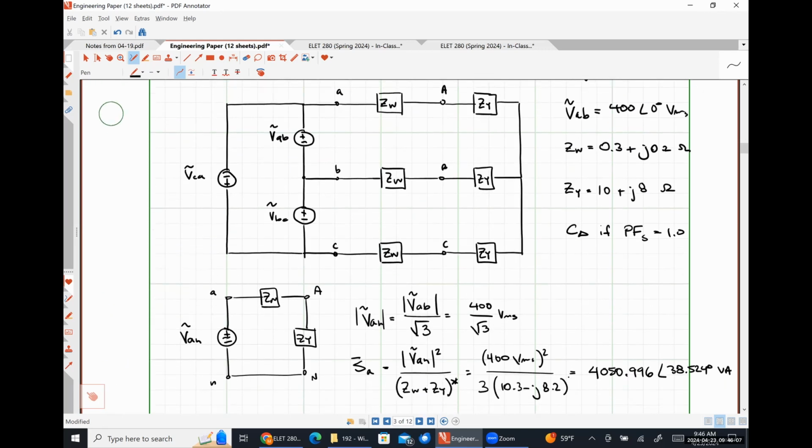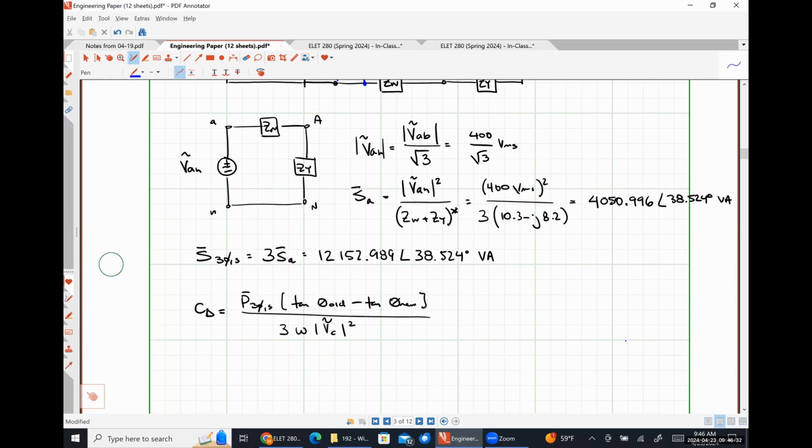I'm going to draw our capacitor here in our delta configuration. Like so.